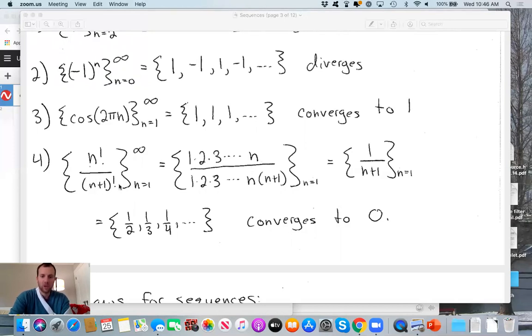N plus 1 factorial is telling you to do the same thing, but with a different stopping point. This is saying start at 1 and then go 2, 3, 4, all the way up to n plus 1. So if we write that out, we go 1, 2, 3, 4, and so on, n, but then n plus 1. So these are all the consecutive numbers from 1 to n plus 1 all multiplied together.